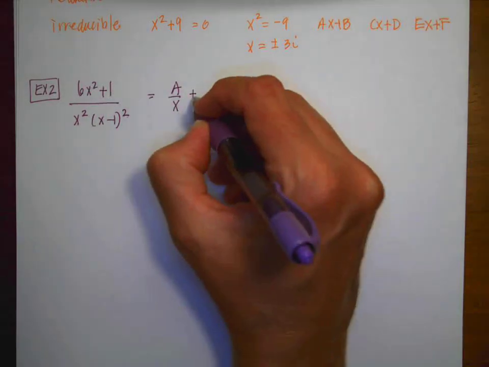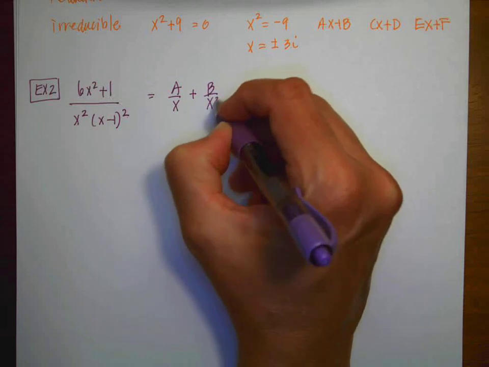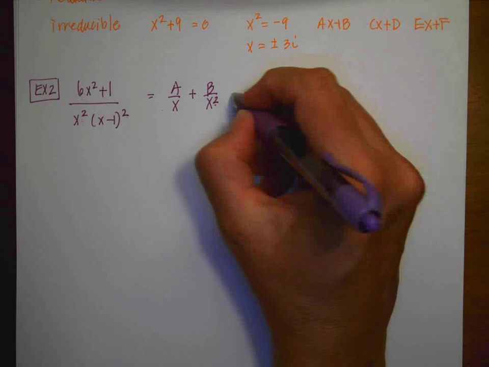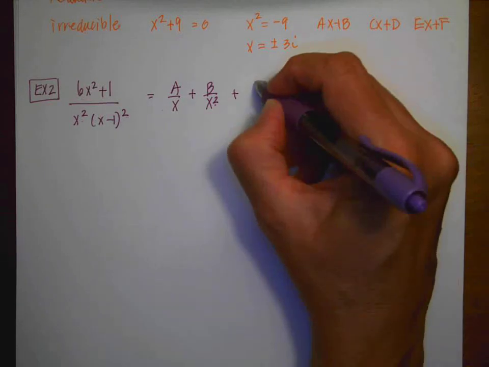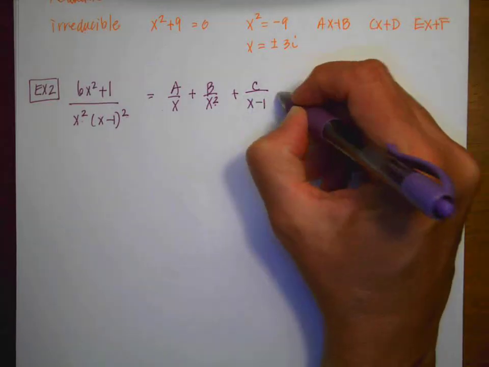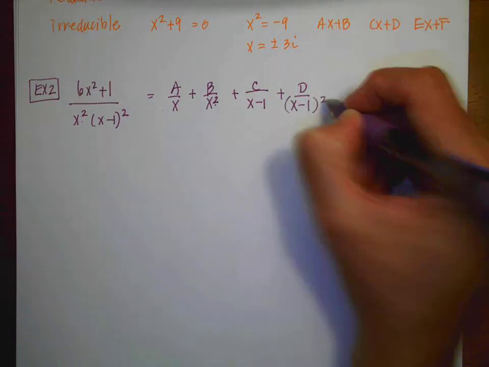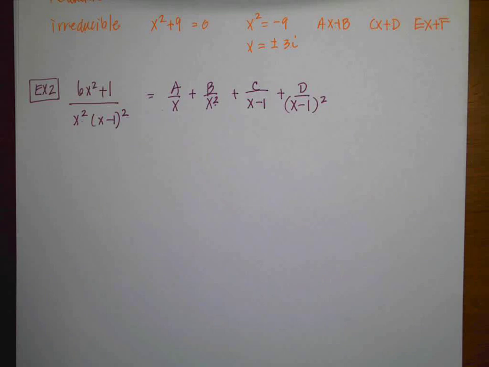So I would write a over x and then b over x squared. So these two take care of this guy. And then this is still just a linear factor, so I'm going to write c over x minus 1 and d over x minus 1 squared.